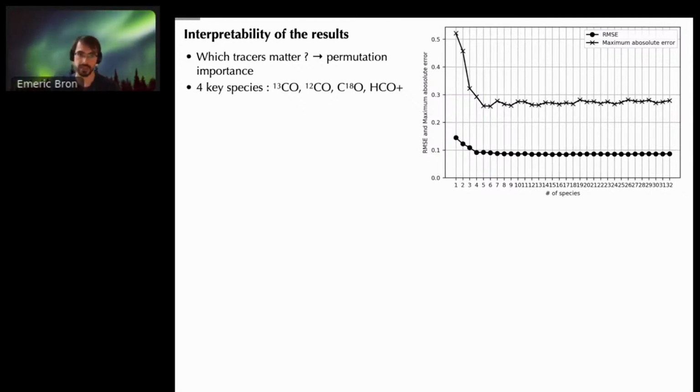this prediction is made. The first thing we did is estimate the permutation importance of each of the molecular lines in this prediction. The idea of permutation importance is that you take your initial data set and then take one of the molecular lines, and randomly shuffle its values so that you keep the same distribution, but you lose all relationship between this molecular line and the quantity you try to predict.